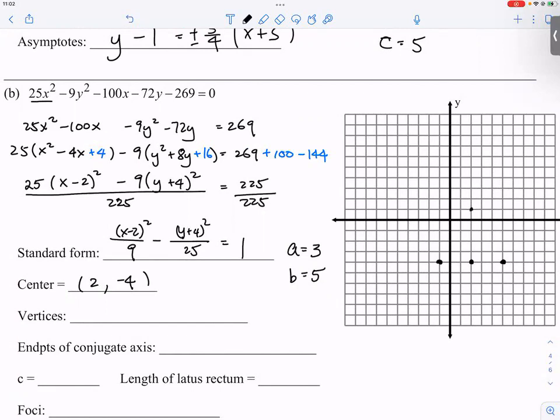And then the B, it's 5 units away. So you can go ahead and draw the box. And then immediately you can draw the diagonals.